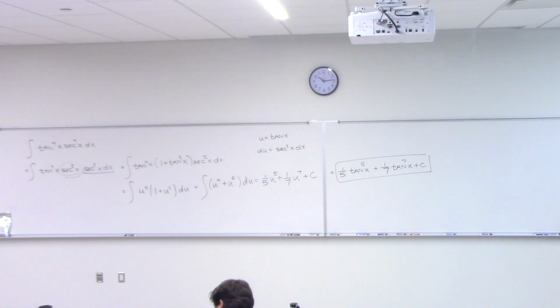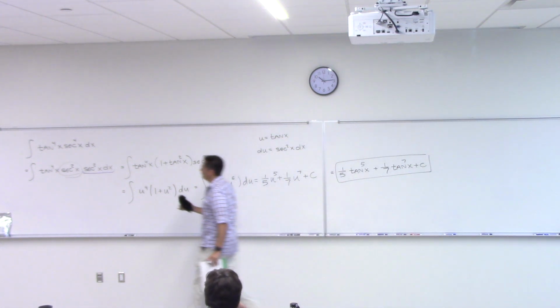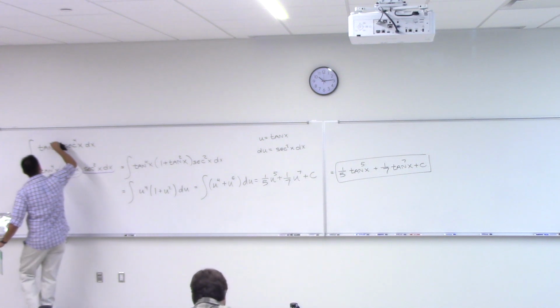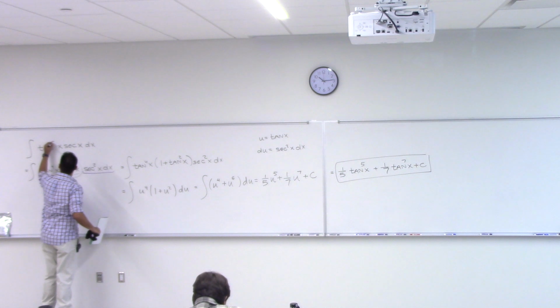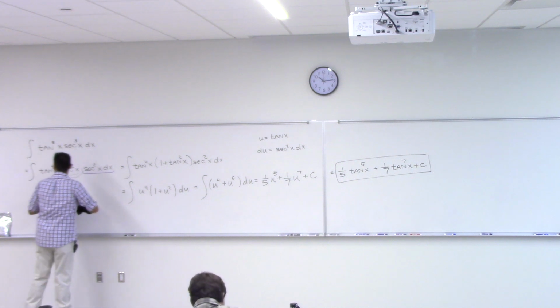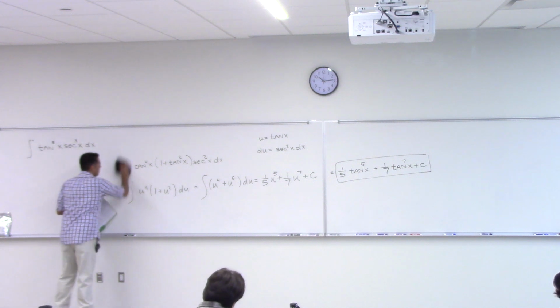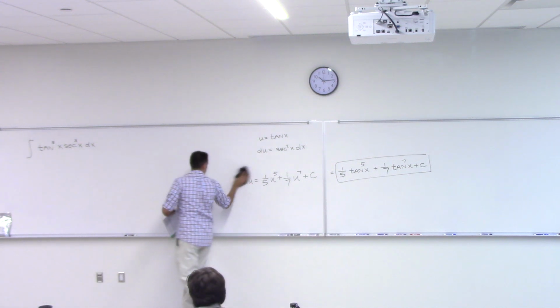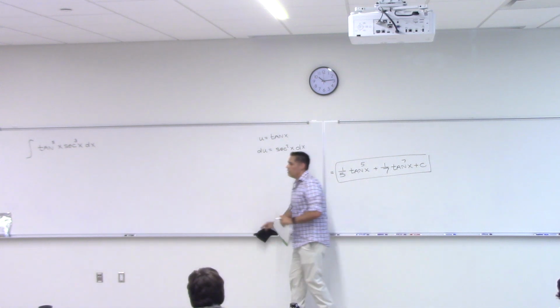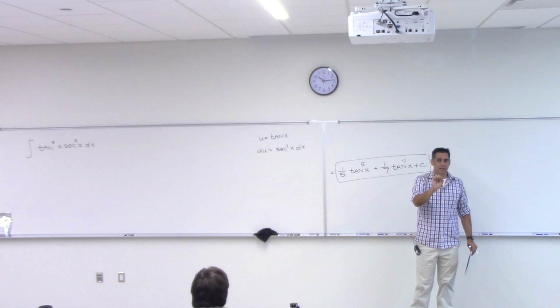Tangent to the fifth x, secant cubed x. So the previous problem, we had secant to the fourth power, so we peeled off a secant squared, right?